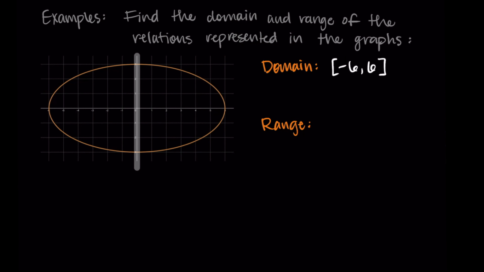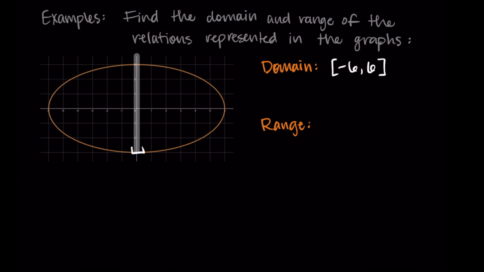Okay, so our range is going to look similar. Remember, we start from bottom and work our way up. So as we work from bottom to top, at first we don't have any points on our graph, so these values are not in our range. But then once we reach -3, we do have a point that's on this graph. So this is the start of our range.